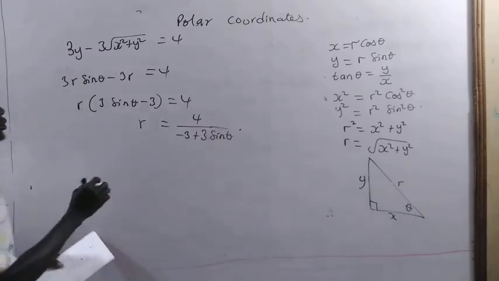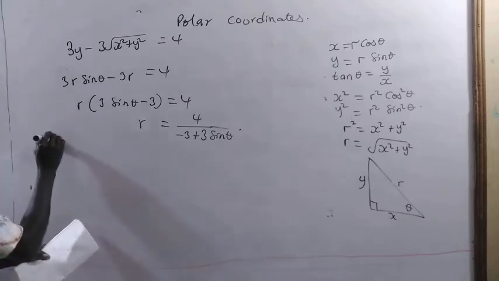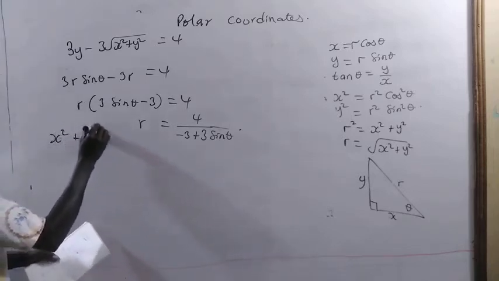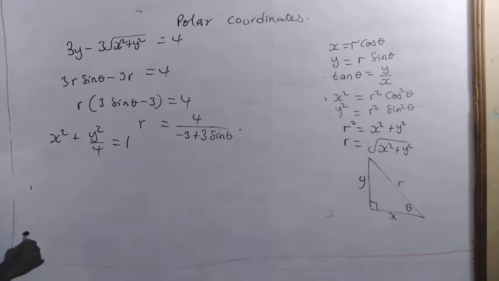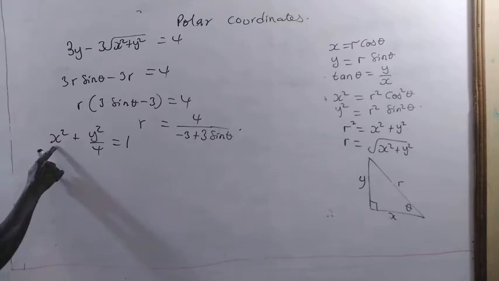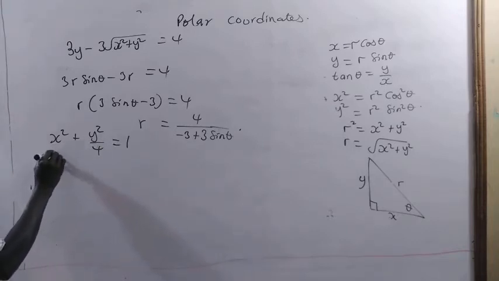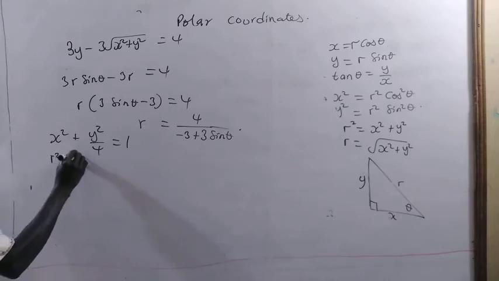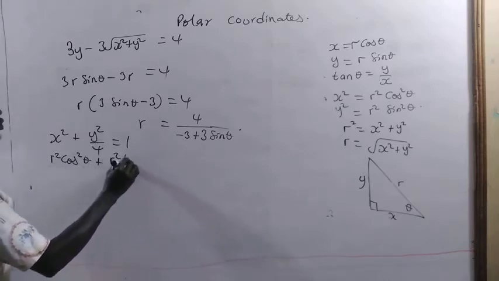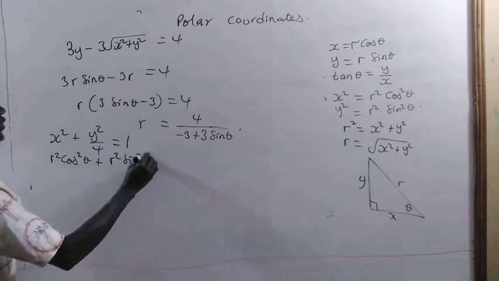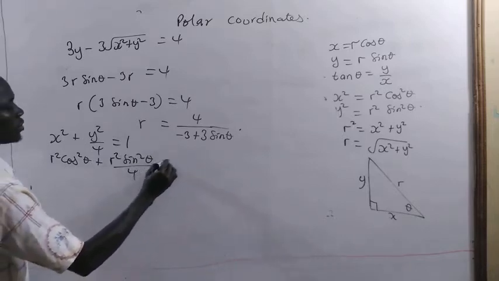Now let's look at this one. If we take x squared plus y squared divided by 4 equal to 1. Now this one we can simplify before, or we can just put in the coordinates before simplifying. X squared is r squared cosine squared of theta plus y squared is r squared sine squared of theta, divided by 4 equal to 1.